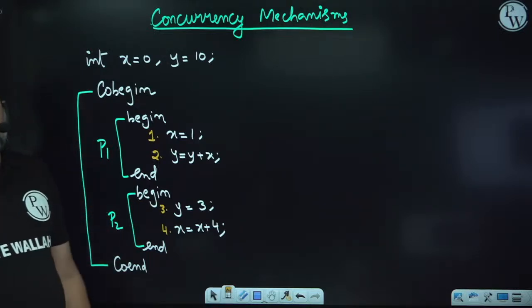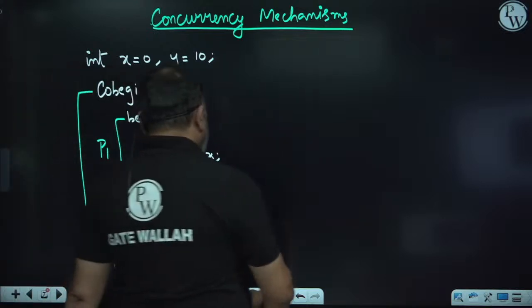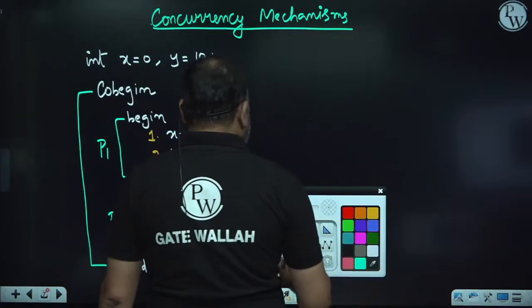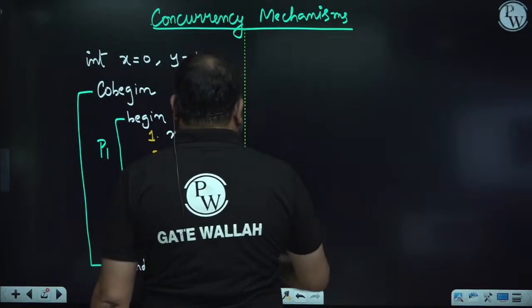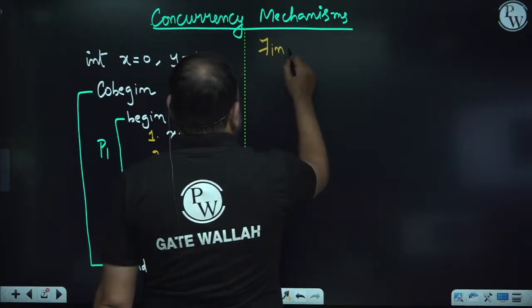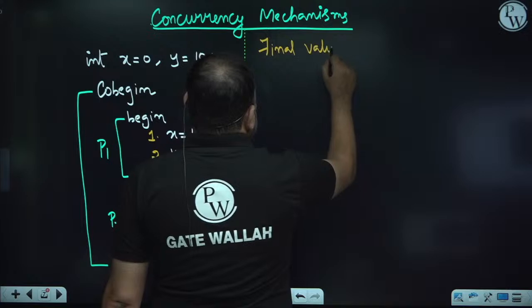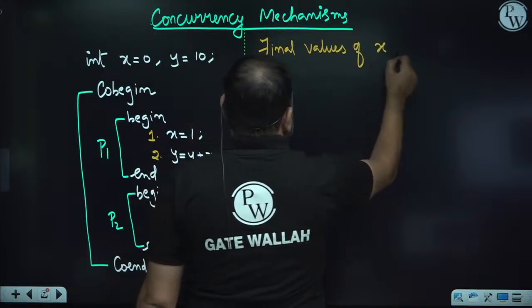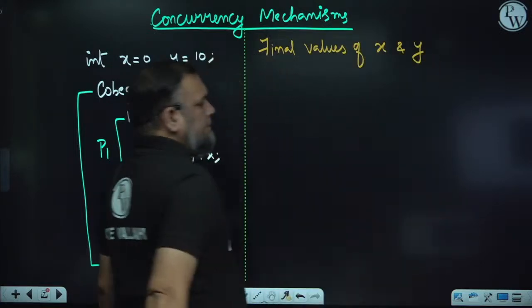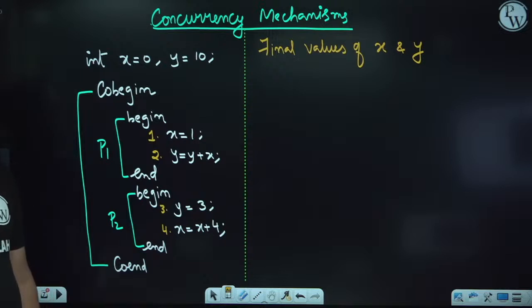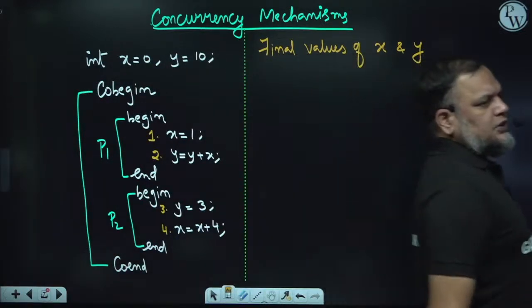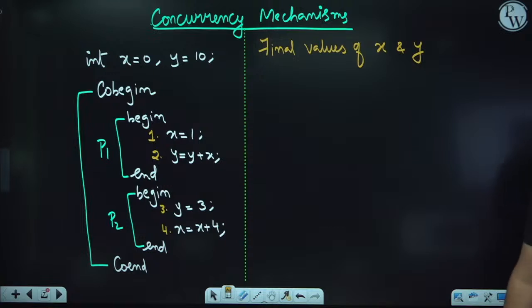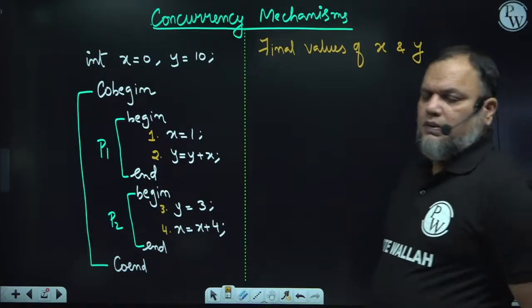So here I am asking you, as an example question, please think carefully and tell me, let's see how many students respond. What can be the final values of x and y? At least give me some final values of x and y. Come on, let me see.